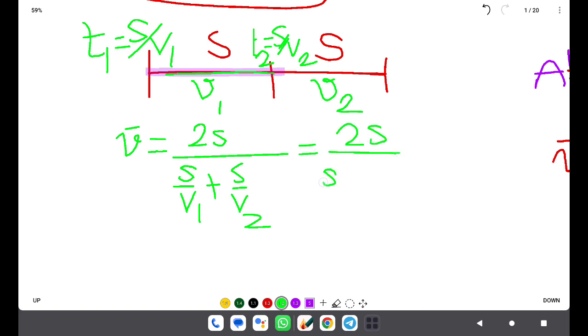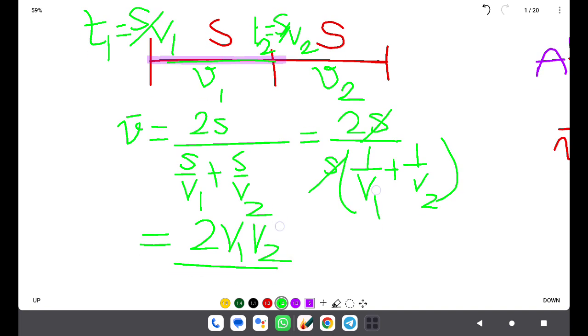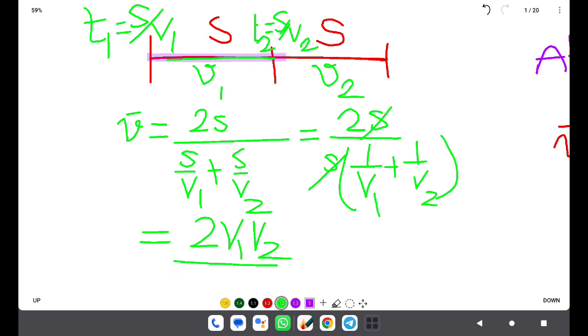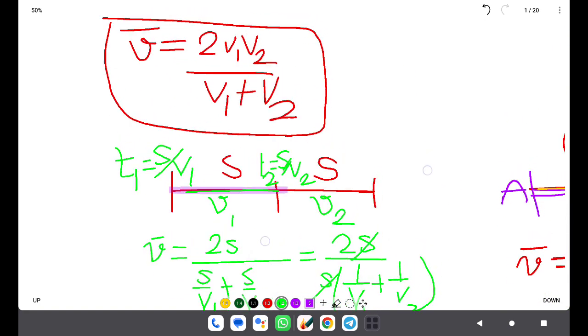In the 2s, you take s common from the denominator, you are left with 1 by v1 plus 1 by v2. The s cancels, so you are left with 2, and taking LCM v1v2, v1 plus v2 goes up, giving 2v1v2 by v1 plus v2. So this is another important fact you must remember.